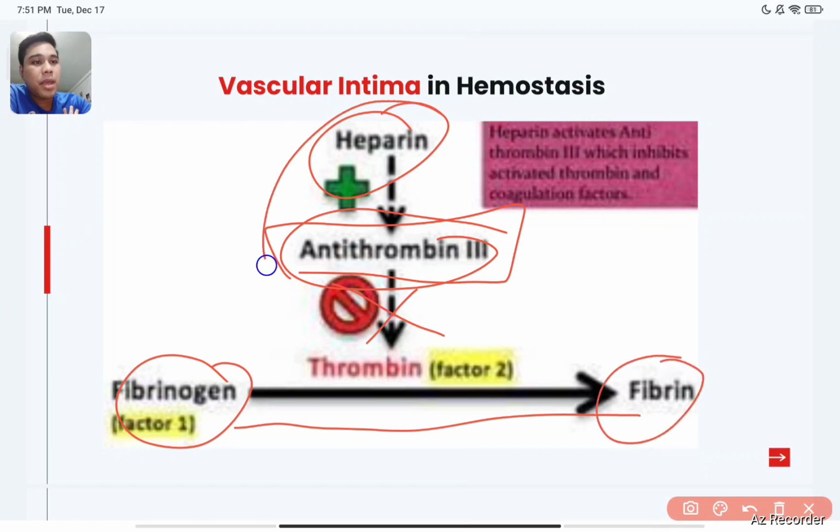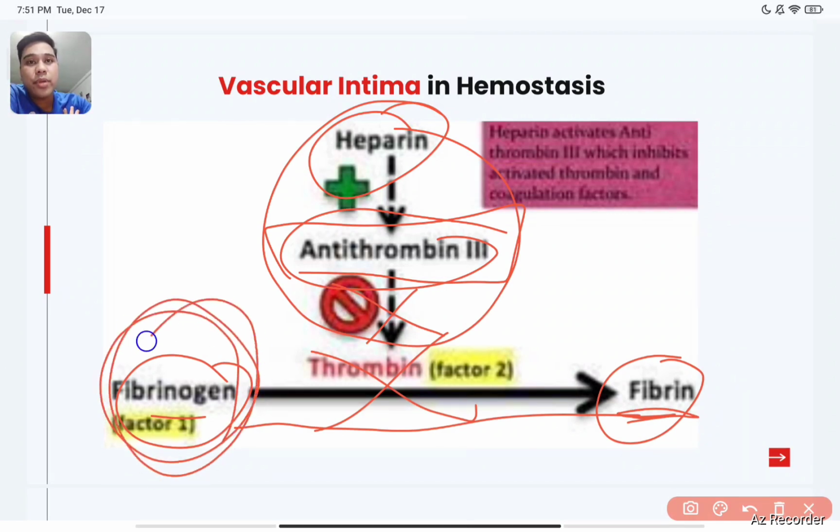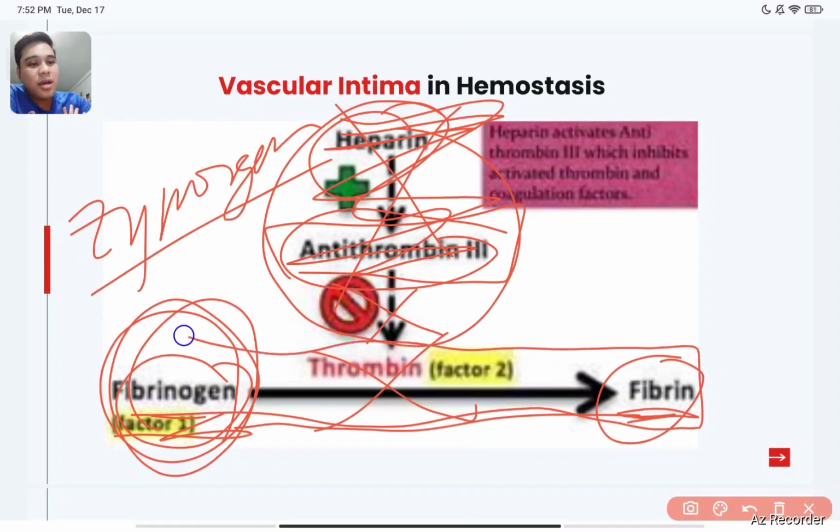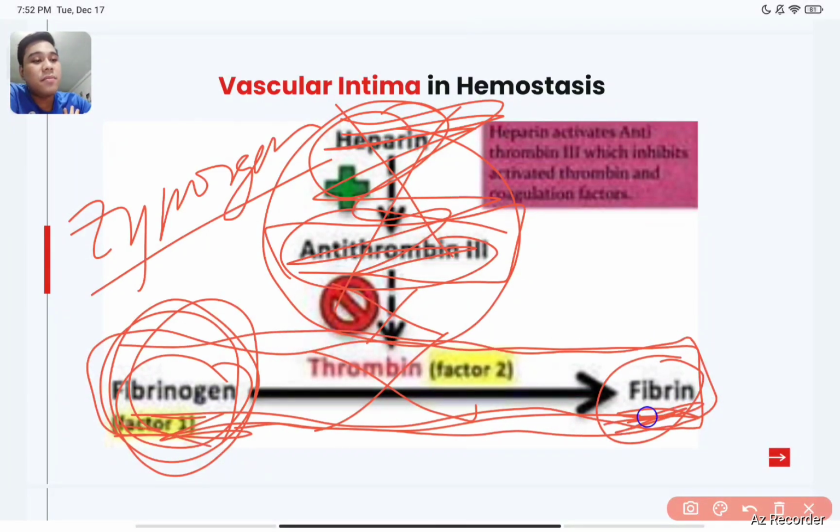That's why kapag meron tong dalawang to, wala kang fibrin na mafo-form. It will just stay as a fibrinogen, which is a zymogen, inactivated lang to. Kapag nawala si heparin and thrombin, of course, there is pursuance of this pathway. So magkakaroon ka ngayon ng fibrin kasi nga walang nang inhibit kay thrombin.